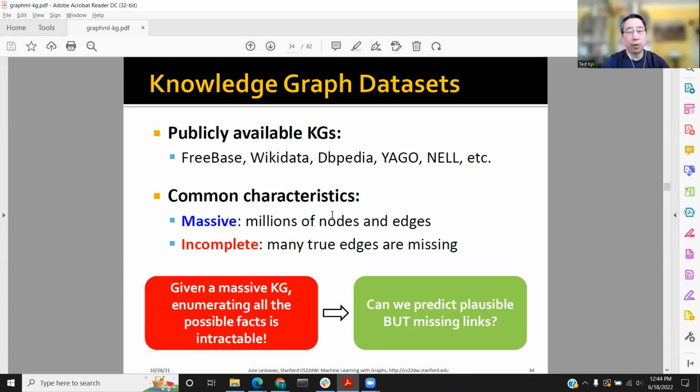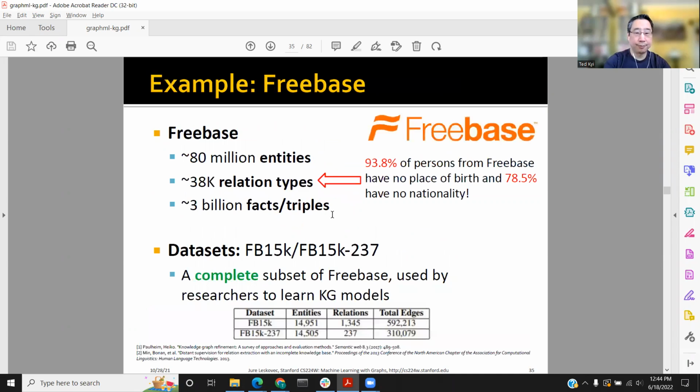So one of the things that we're interested in is, can we predict plausible links that are missing? The example he gives here is that Freebase has 80 million entities, 3 billion facts, 3 billion triples, 38,000 different relation types.